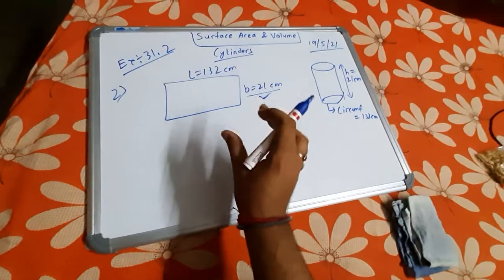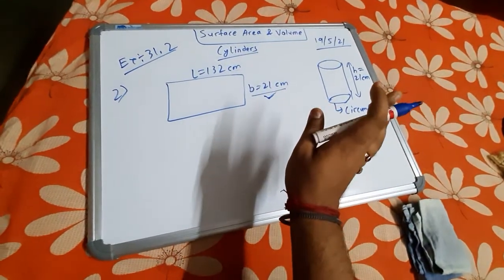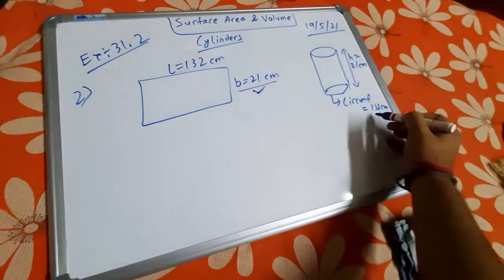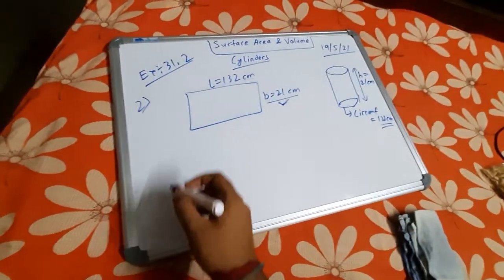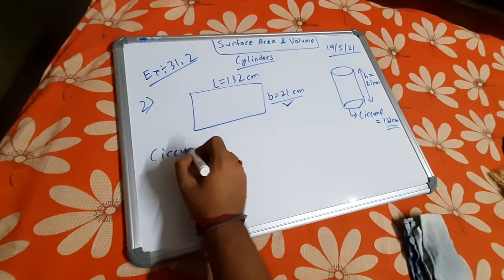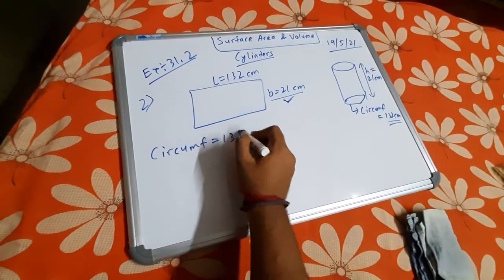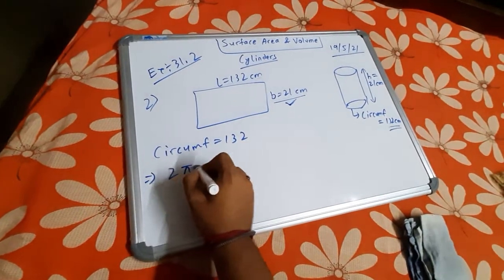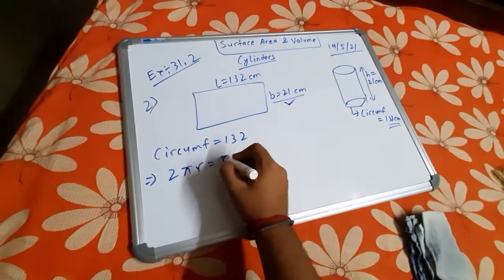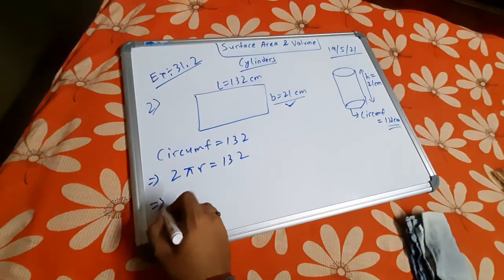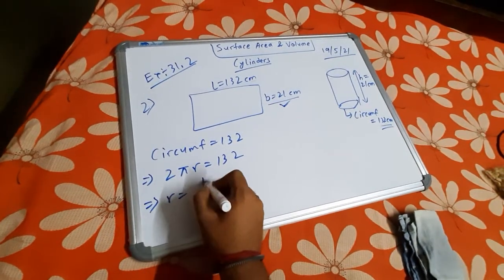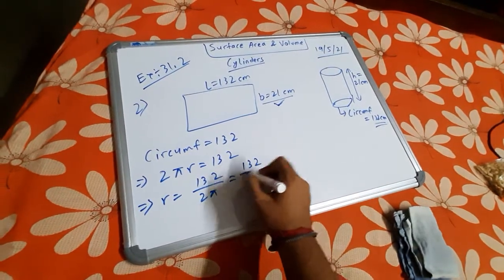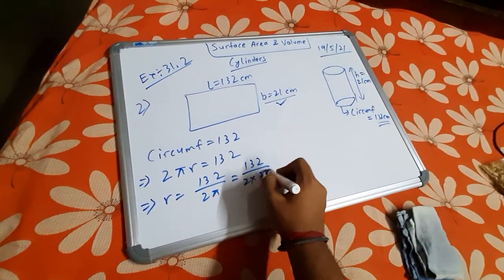So first we need the r, the radius of the cylinder. We know the height, we need the r. How can we find r? We can find it using the circumference. We know the circumference is equal to 132. The formula for the circumference of any circle is 2 pi r. So 2 pi r equals 132, and r will be equal to 132 divided by 2 into 22 by 7.